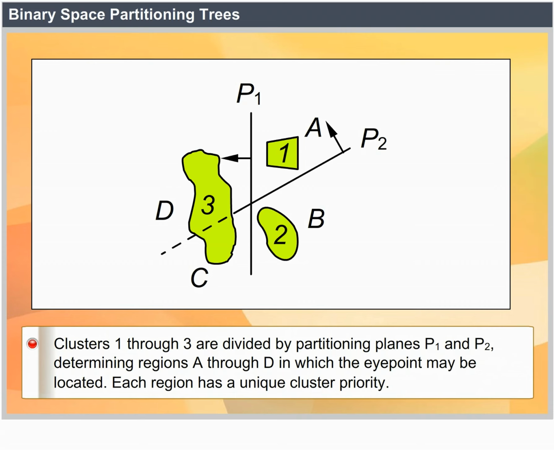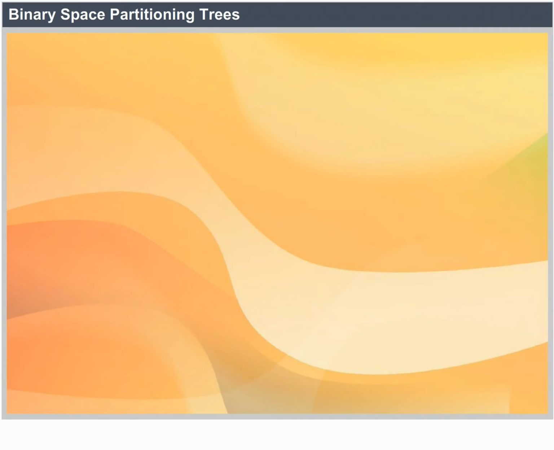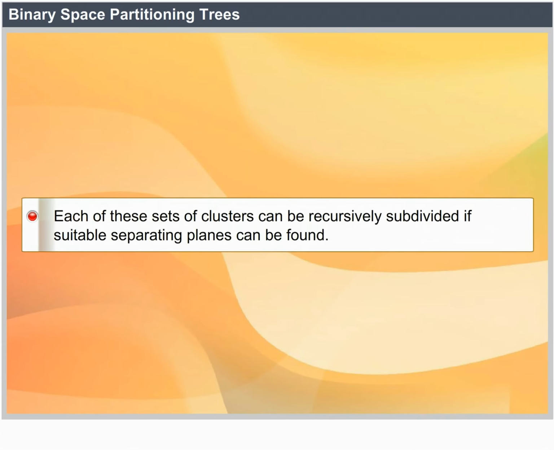Each region has a unique cluster priority. If a plane can be found that wholly separates one set of clusters from another, then clusters that are on the same side of the plane as the eye point can obscure, but cannot be obscured by clusters on the other side. Each of these sets of clusters can be recursively subdivided if suitable separating planes can be found.